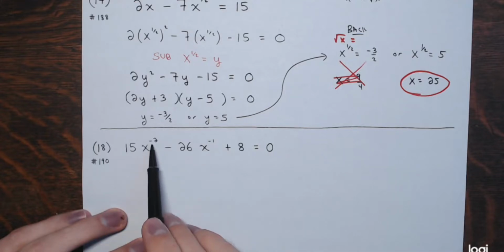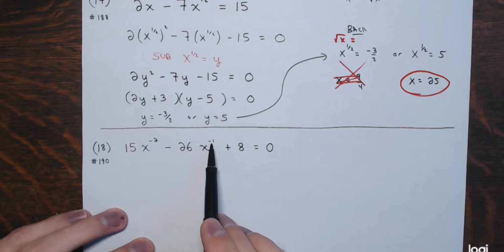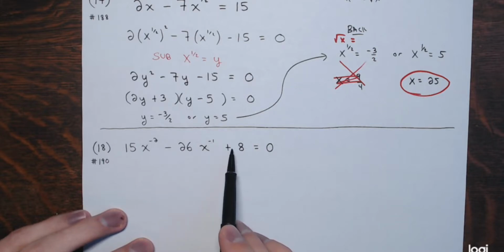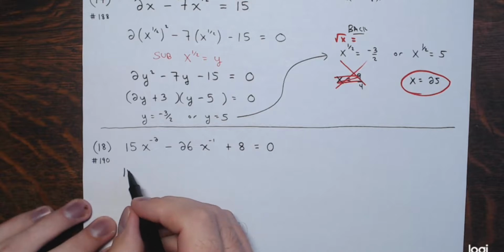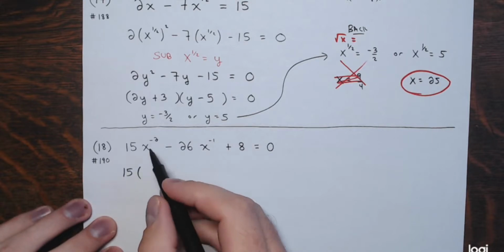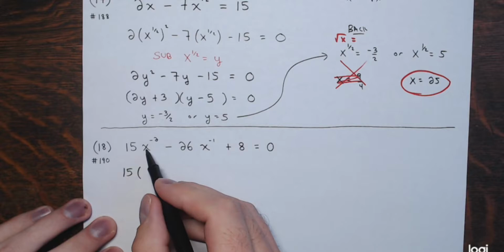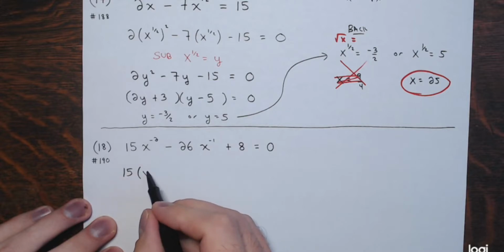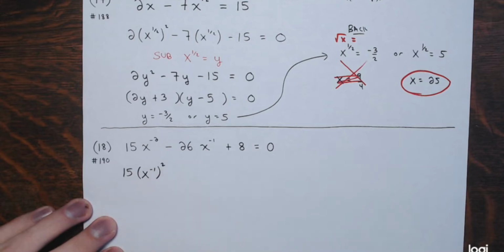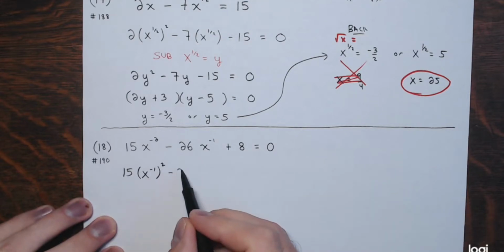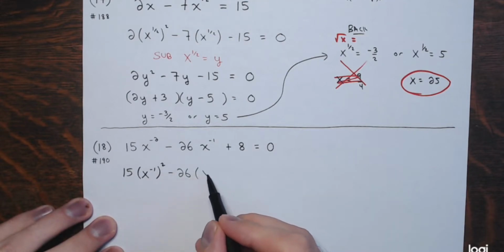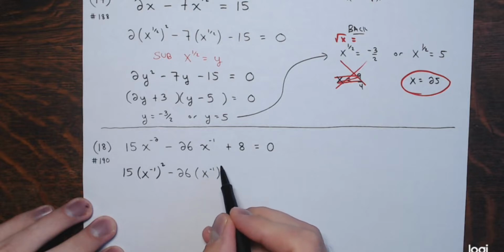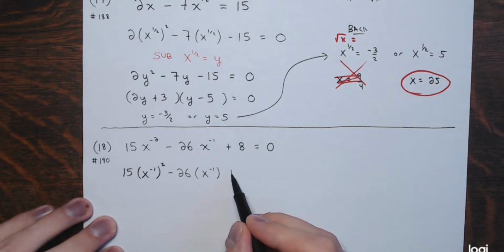So this term's power is double this term's power, just like in the quadratics, and then you have a constant. I can rewrite this as 15 times x to the negative first squared, minus 26 times that same expression, x to the negative first to the first power, plus 8 equals 0.